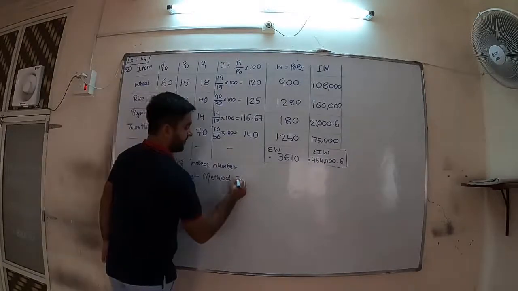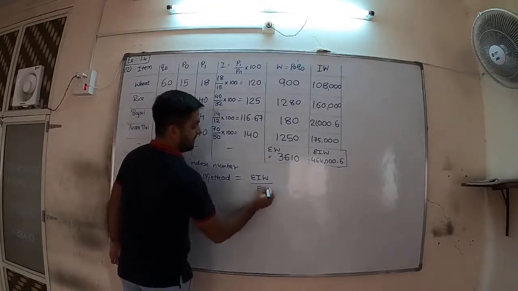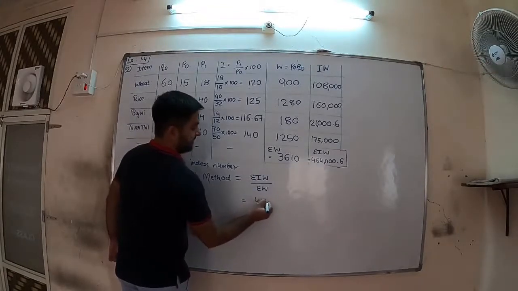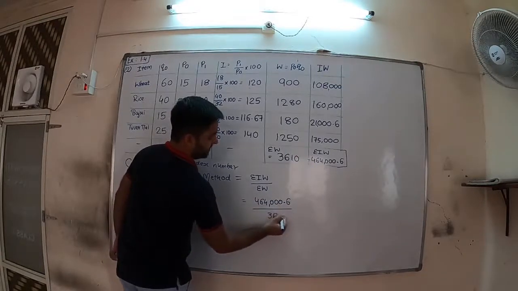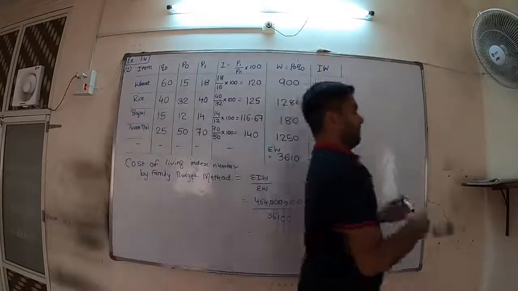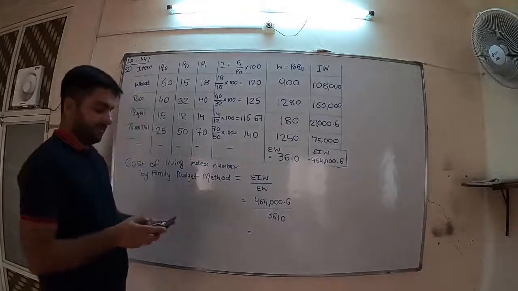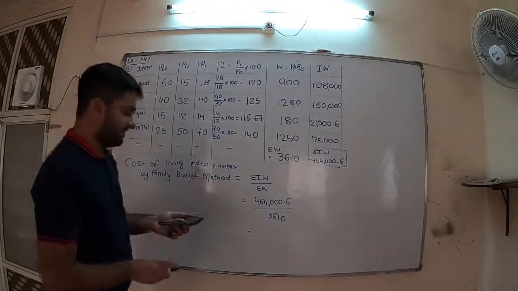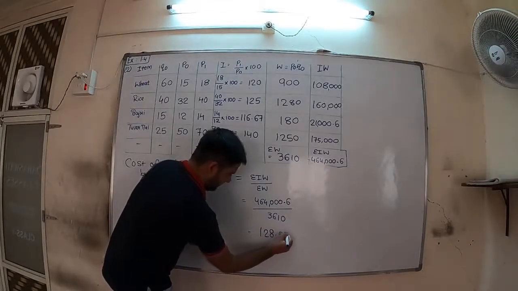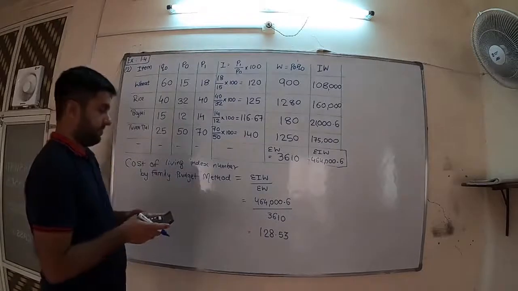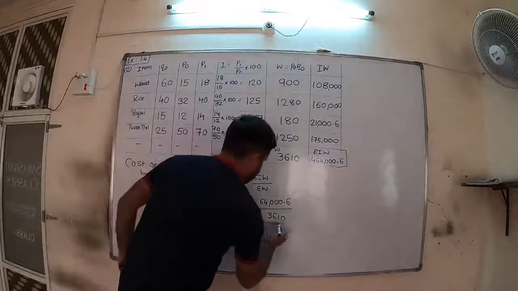Cost of living index by family budget method is equals to sigma IW divided by sigma W. 4,64,000.6 divided by 3610 is 128.53. Okay, so this is our index.